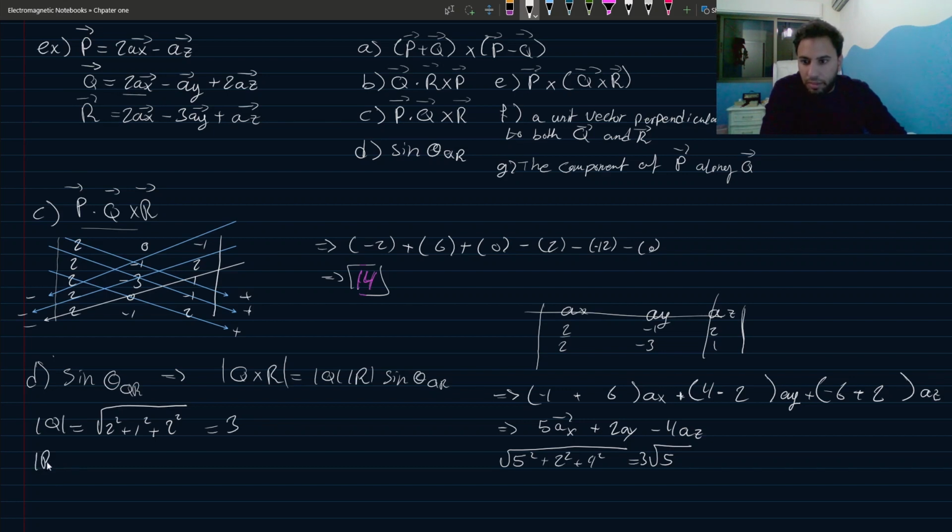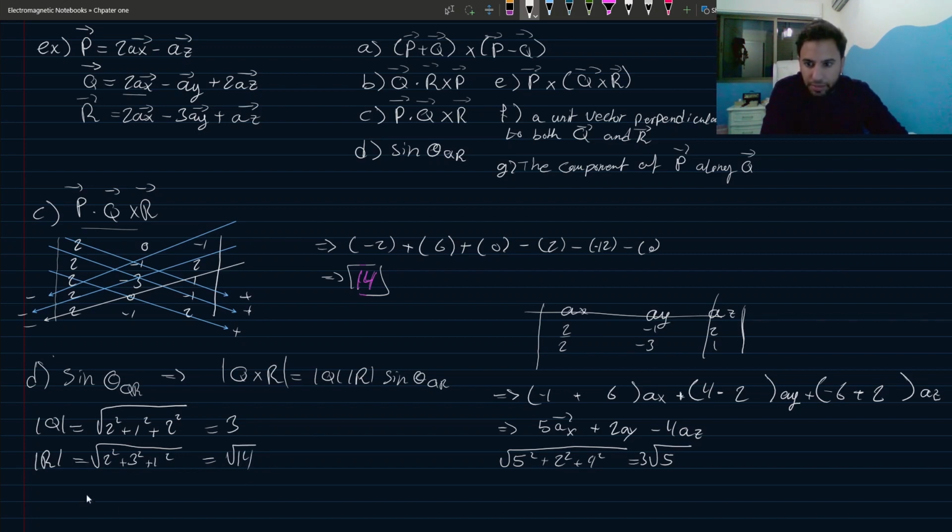And the magnitude of R is equal to the square root of 2 squared plus 3 squared plus 1 squared, which gives us 9... 13, square root of 14.